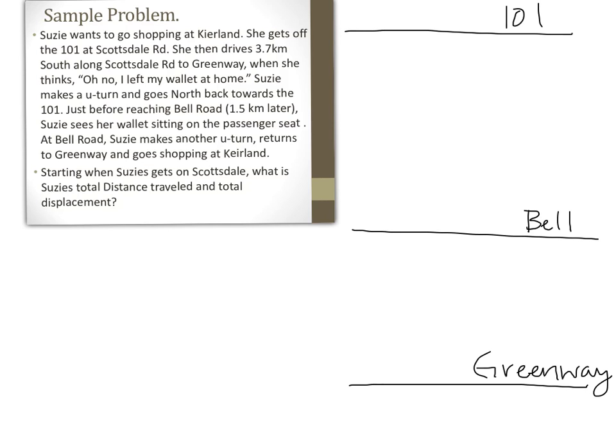So here's our picture, and then draw your vectors. Even if you're just solving for distance, start with drawing the vectors. We have our first one: she drives 3.7 kilometers south along Scottsdale Road to Greenway. So we have this vector where she goes from 101 to Greenway, and we know that's 3.7 kilometers.